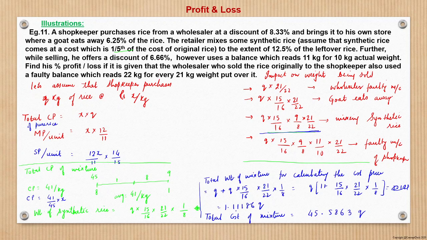So now we will multiply this 1.1186 into 41 by 45x. So that will give 1.01303 into x into q. So this is the total cost of the mixture.